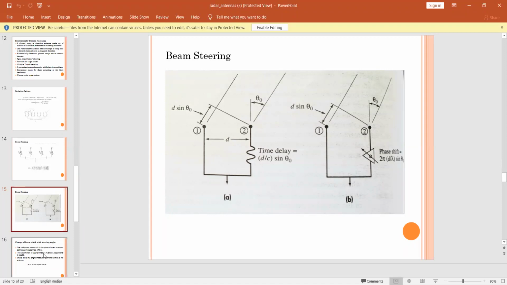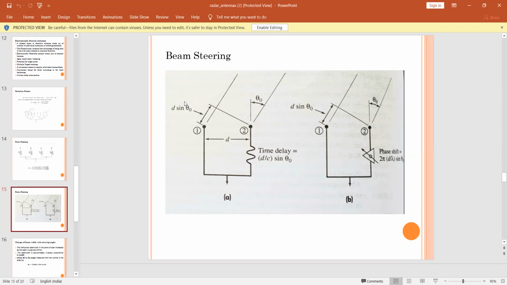If you consider figure A, two elements of a many-element array spaced with a distance d, the signal from a direction theta naught relative to the normal arrives at element 2 before it arrives at element 1.